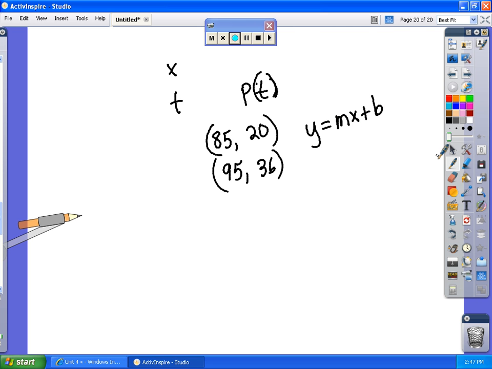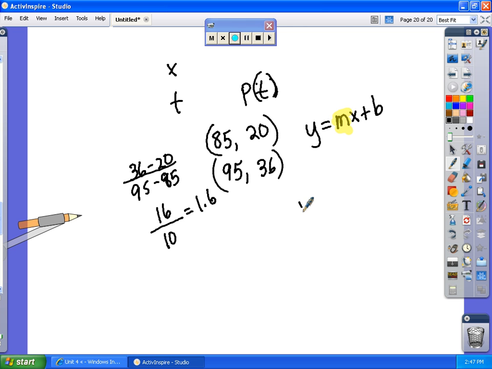First, I'm going to find the slope. So now I'm going to do y minus y over x minus x, and I get 16 over 10, which simplifies to 1 6/10. Or you could have left it as 16 over 10 if you wanted.